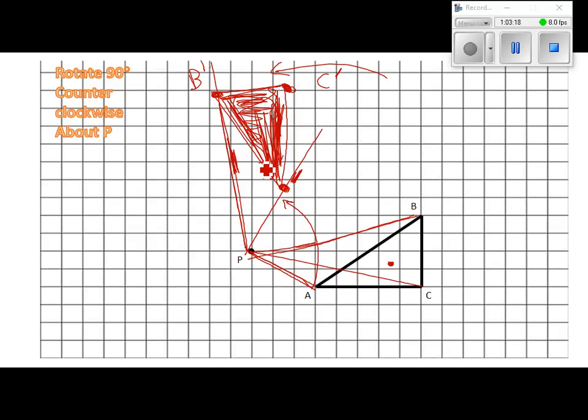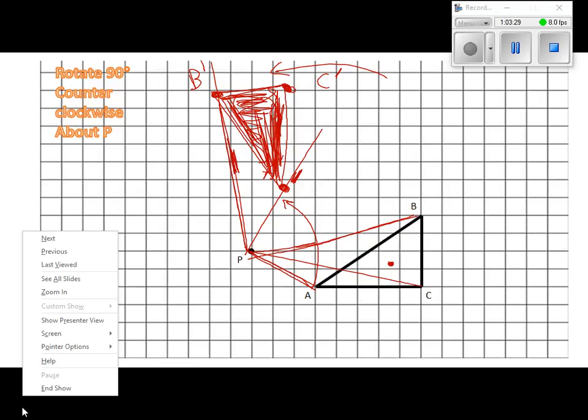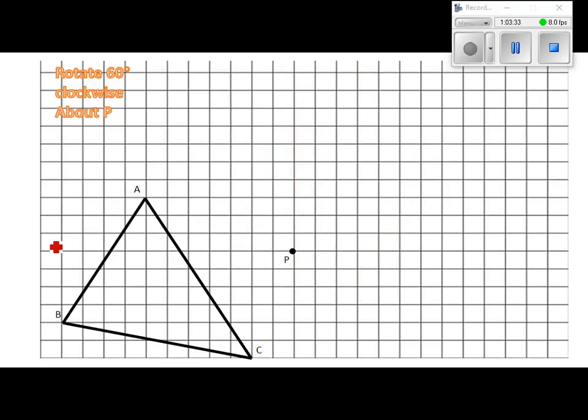Now, were we real exact there? No. Could you be real exact if you needed to be for whatever reason? Yeah. You just got to have the correct tools. Pretty easy stuff, everybody thinks? Let's try the next one.